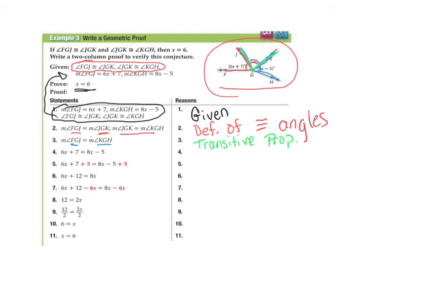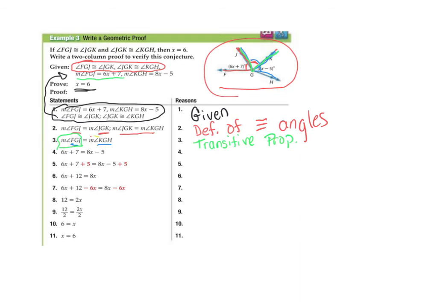Okay, and now we are actually going to go from all these letters that are very confusing and put in numbers. We have the measurement of FGJ, but up in our given information, we are told that that actually is the same thing as 6x plus 7.